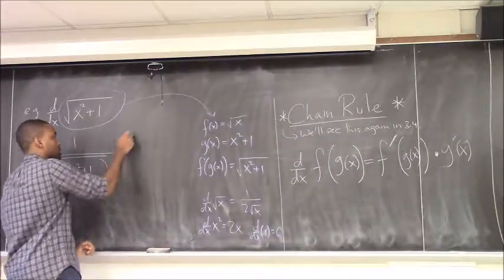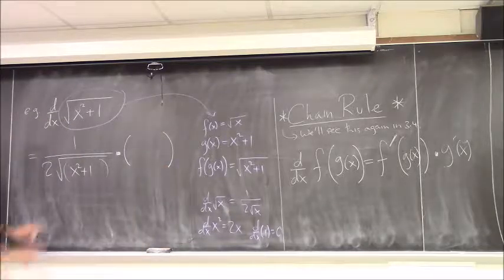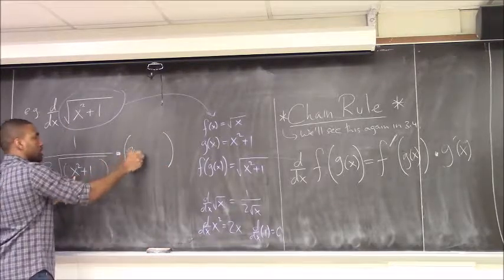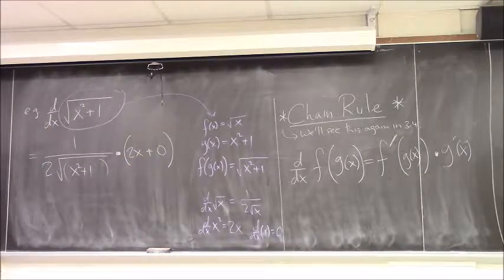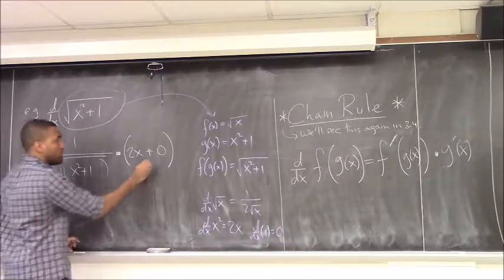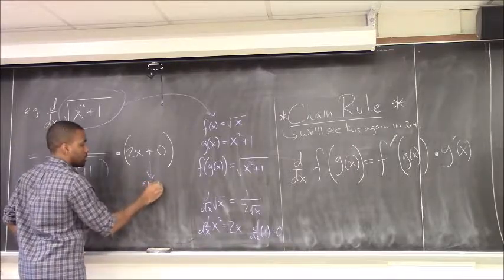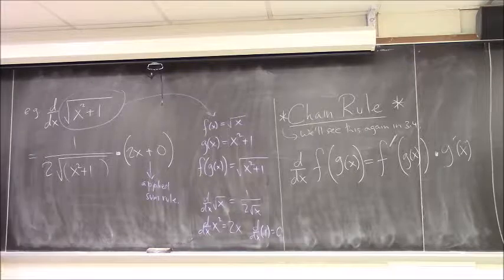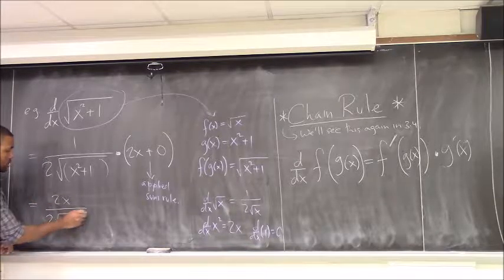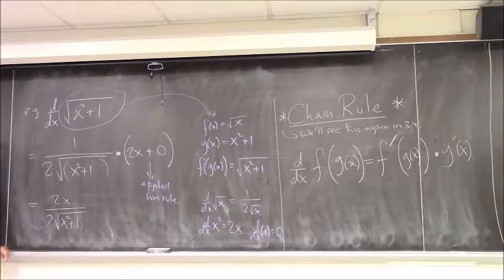So you multiply by, in parentheses, the derivative of x squared, which is 2x, plus the derivative of 1, which is 0. Notice here I applied the sum rule to do that. So the derivative of this function would be 2x divided by 2 radical x squared plus 1, which you can simplify, you can cancel these out. And that would be using the chain rule.